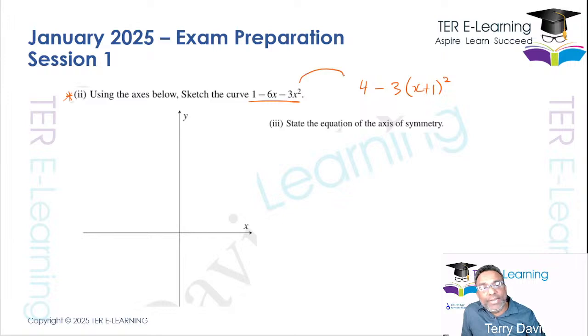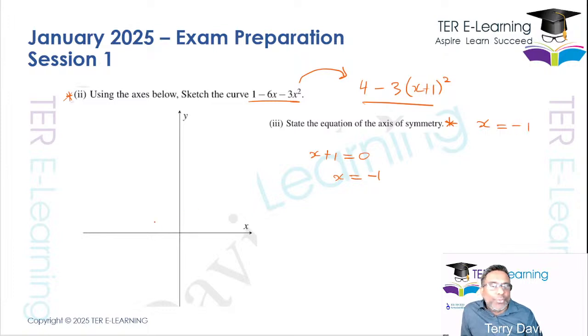Once you complete the square, it is very easy to plot a graph. Now if you want to get the equation of the axis of symmetry, we put the bracket part equal to 0. So x plus 1 is equal to 0, and therefore x is equal to minus 1. So that's the equation for the axis of symmetry. X is equal to minus 1.